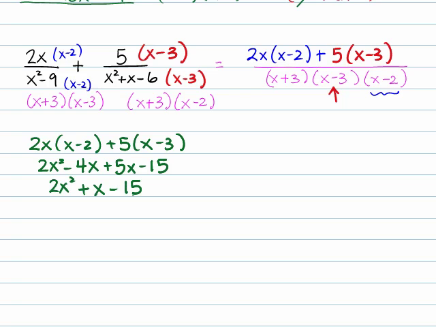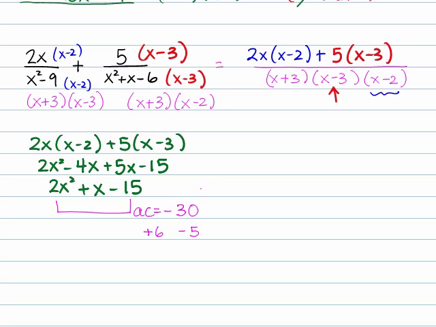We need to know how to factor a trinomial with a leading coefficient different from 1. We do that with the AC method. AC is negative 30. I'm looking for two factors of negative 30 that add to plus 1. This is plus 6 and negative 5.